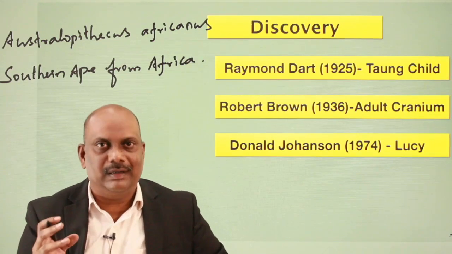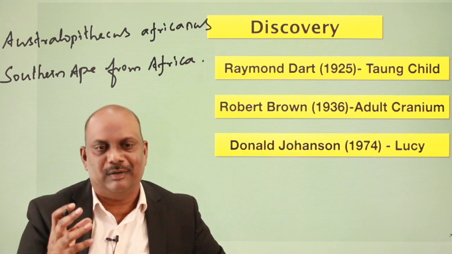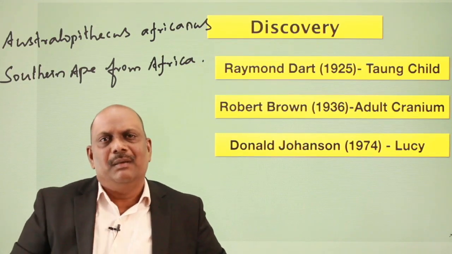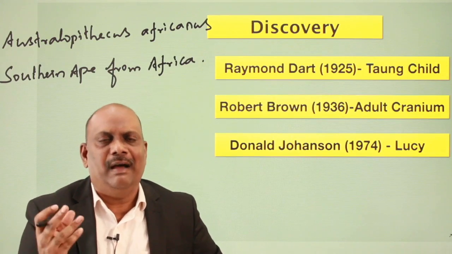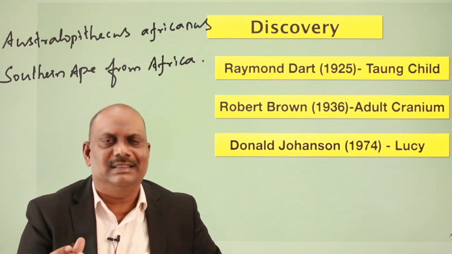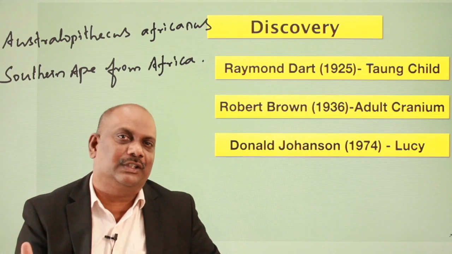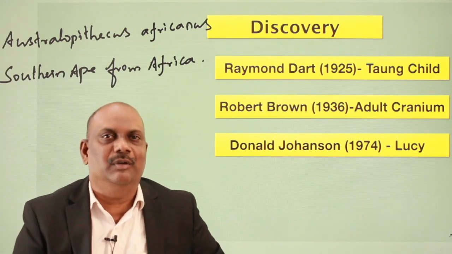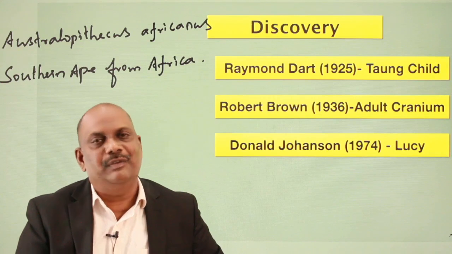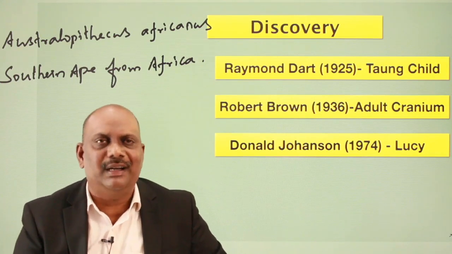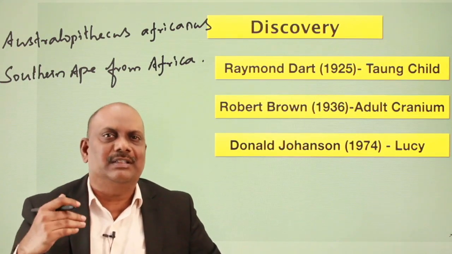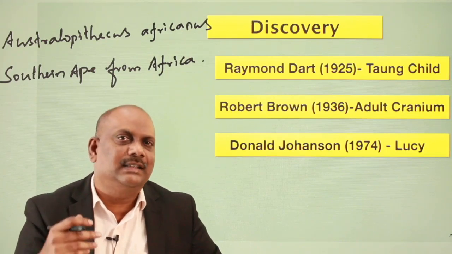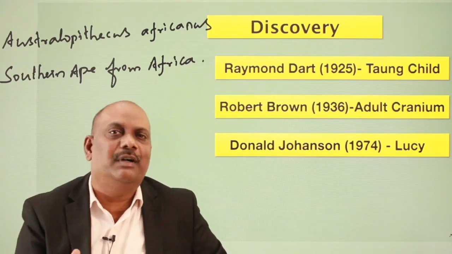But this particular conclusion by Raymond Dart was debated at length, because during those times we didn't have many anatomical evidences or a number of similar fossils to show that this Australopithecus was in the line of human evolution. So it was very much debated, but later, with a number of subsequent discoveries, a number of subsequent species of Australopithecus were discovered from Africa.